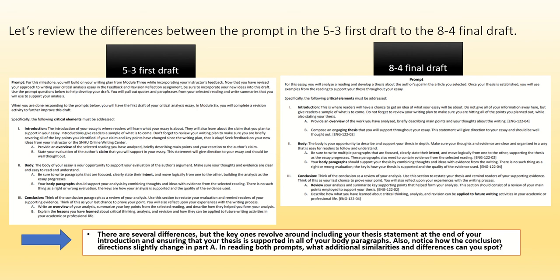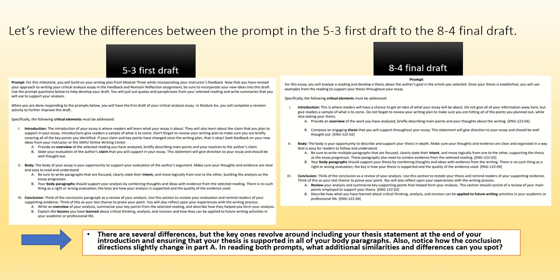So again, I have added for you the 5-3 first draft prompt and the A4 final draft prompt. They have a very similar layout. They have the introduction, body, conclusion, and it tells you exactly what to include in each.